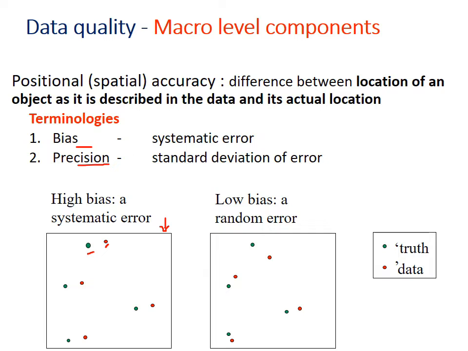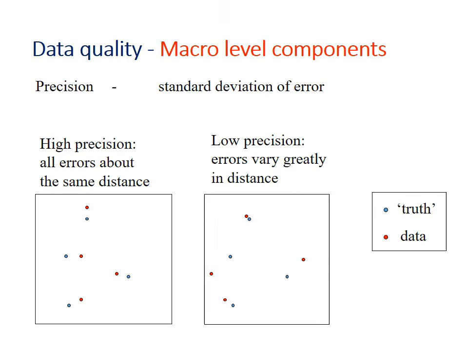Whereas in the second map, if you look at the difference between the position of the green and the red dot, the true data and the data that you have created, the differences are not the same at all the points, which means that it's not a systematic error, it's a random error happening at different locations. So I call this a low bias map with respect to the positional accuracy.